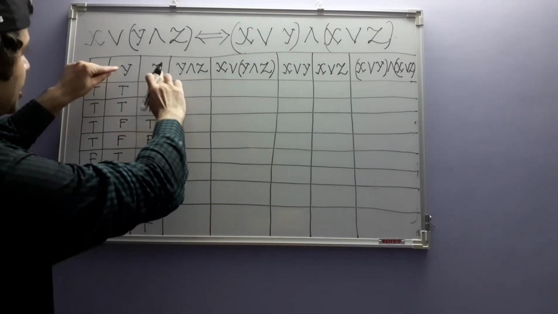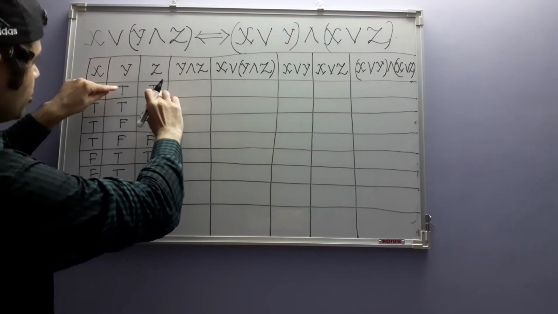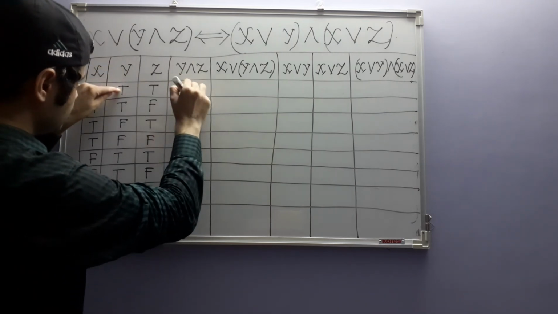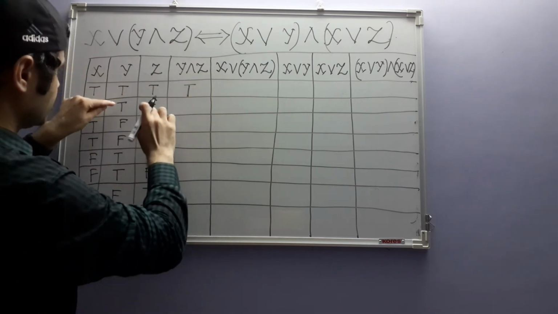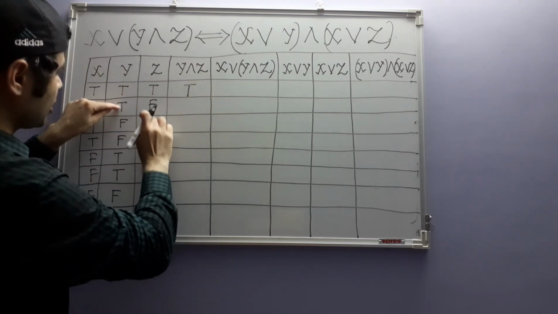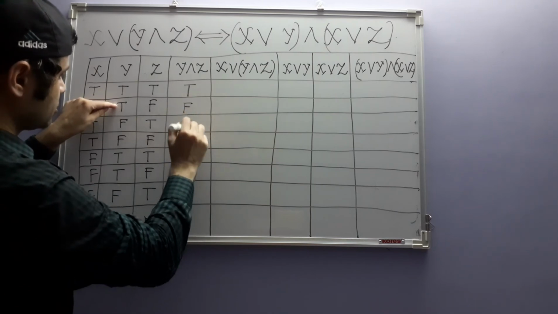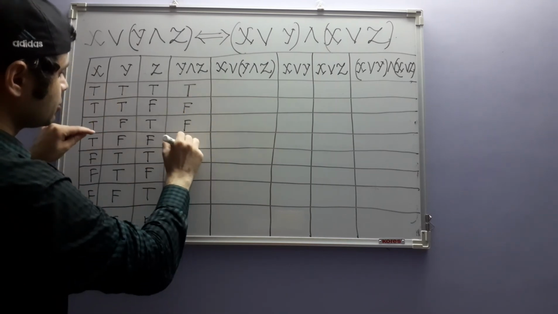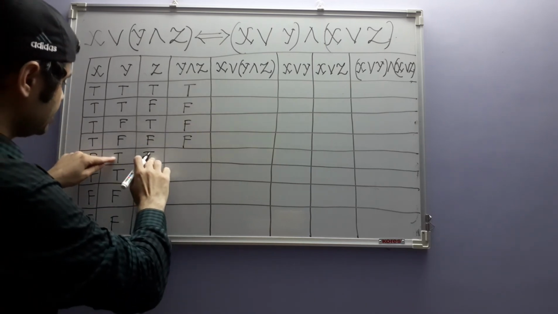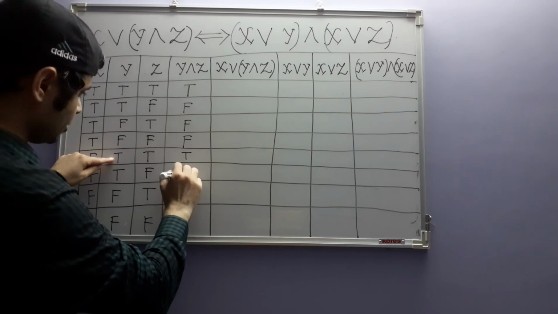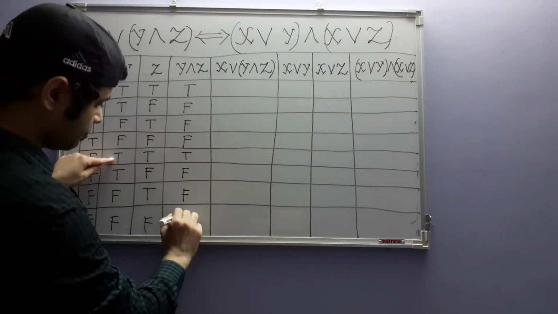So you look at Y and Z. It is true only when both are true. So here both are true. So this is true. Here in these two, one of them is false, so it is false, false. Here both of them are false, so false. So again here we have truth, falsity, falsity, falsity.